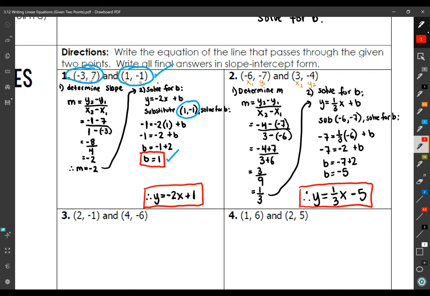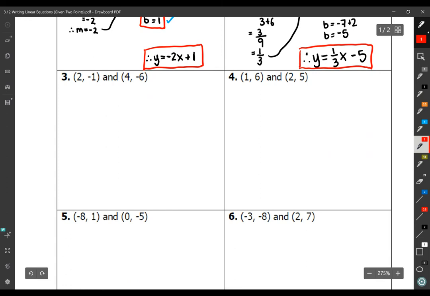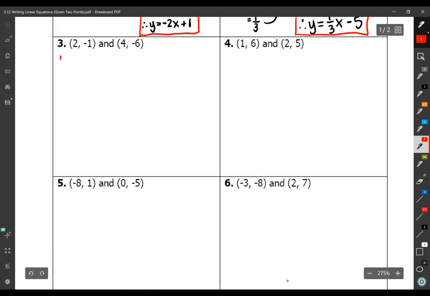Okay, let's keep going. Okay, so here we have 2 new points. We have (2, -1) and (4, -6). So let's do it again. So step 1, find slope. Okay, so m is equal to y2 minus y1 over x2 minus x1. This is my x1, my y1, this is my x2, my y2.